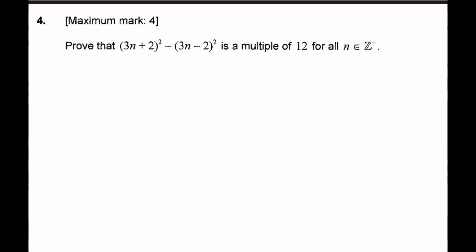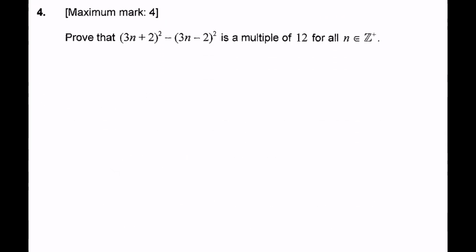Now, you can move on to the next part. You have to prove that this is a multiple of 12 for all values of n, which is a positive integer. So it's given that n is a positive integer, right? To solve this, I'll just expand the brackets. 3n plus 2 squared will be 3n squared plus 2 times 3n times 2 plus 2 squared, minus 3n minus 2 whole squared will be 3n squared minus 2 times 3n times 2 plus 2 squared.